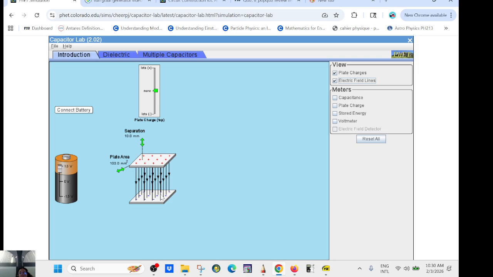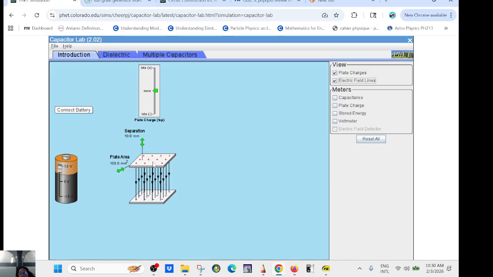So you could have a breakdown, but in that case, no. And energy is being stored inside your electric field. So all the work done by the battery has been transferred to the electric field. So inside here, you can even define an energy density. So anyway, the energy is being stored inside the electric field.